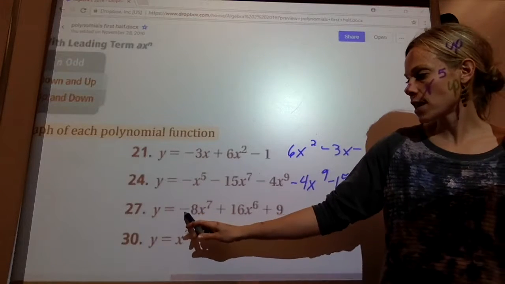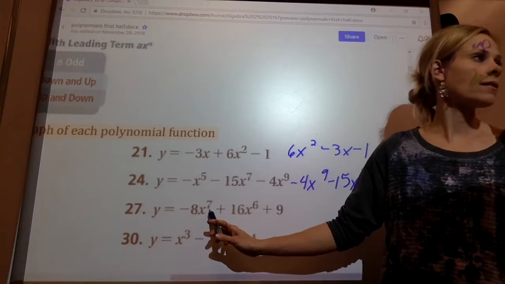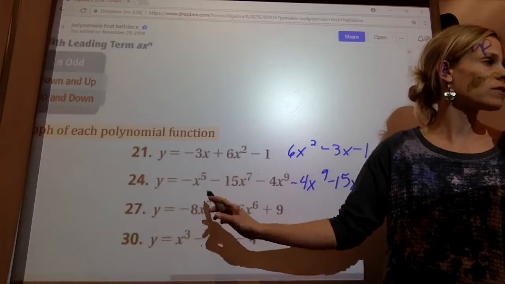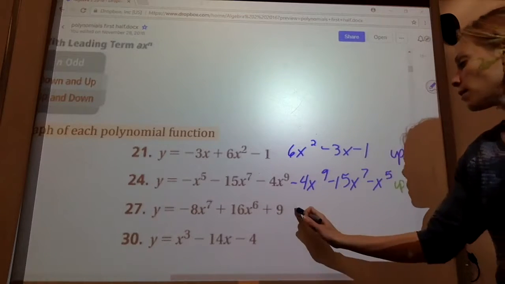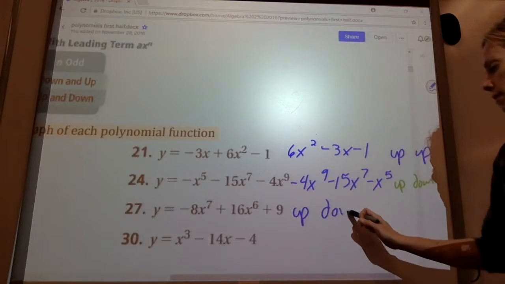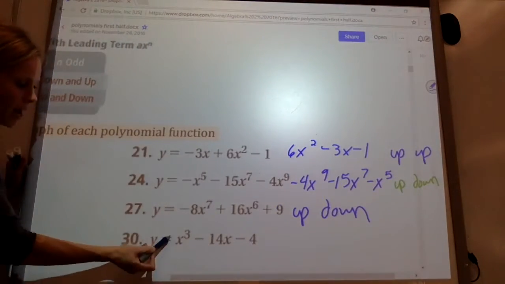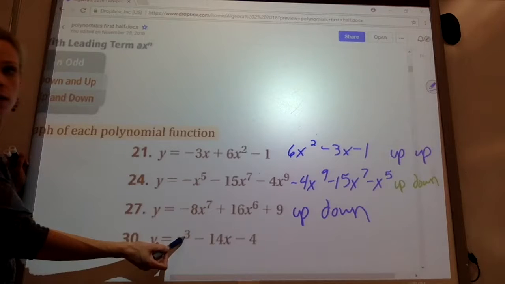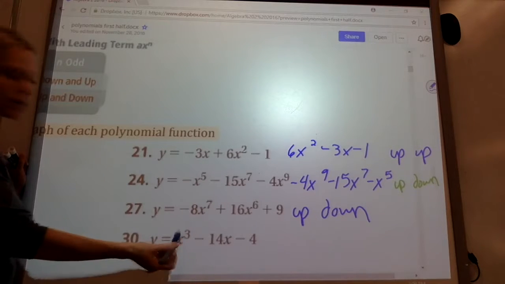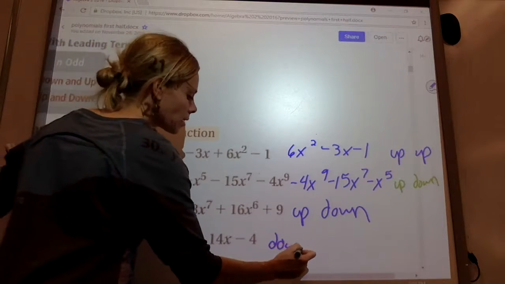So I see, oh, it's negative of an odd degree. Negative leading coefficient of odd degree is up, down. Good. And the last one, again, standard form. This is a positive with an odd degree. So positive with odd degree is going to be down, up. Good.